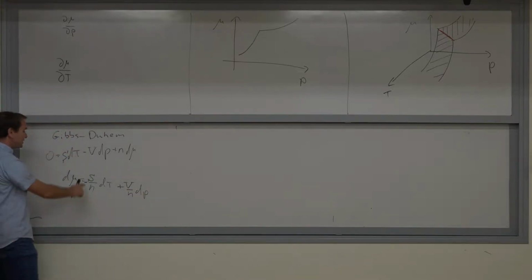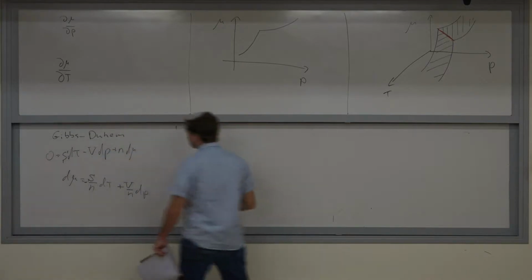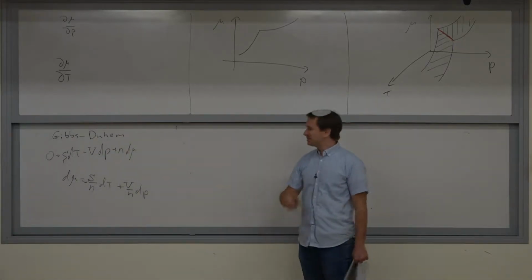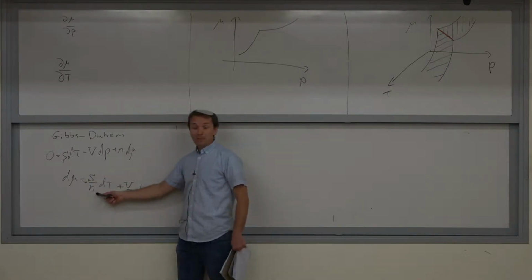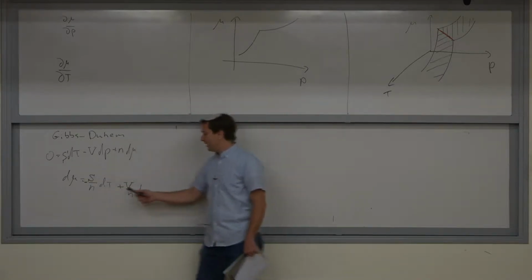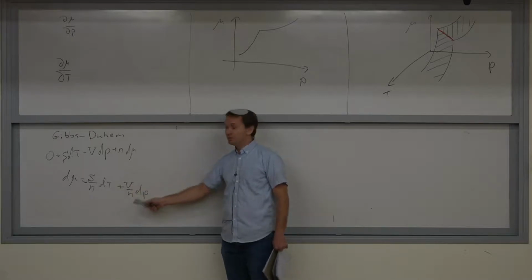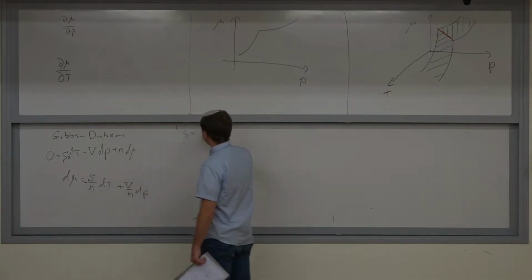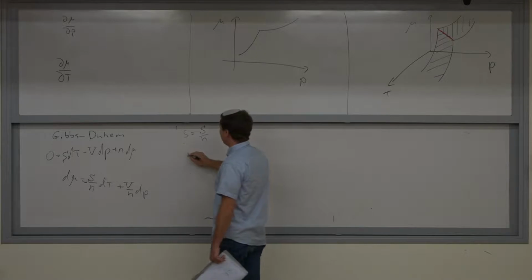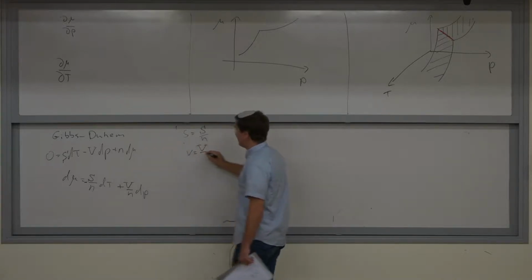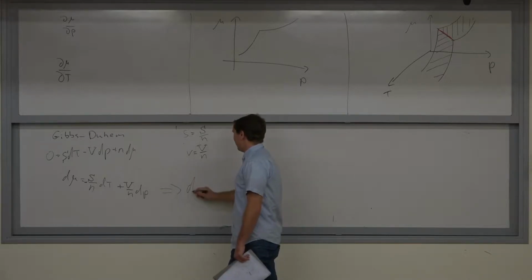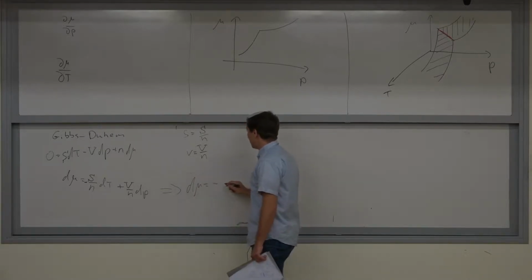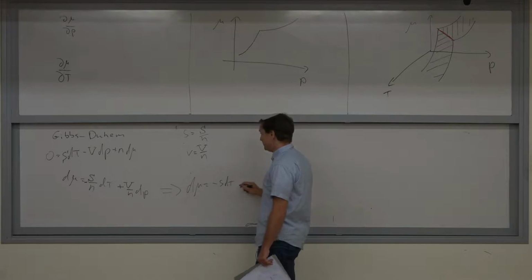Okay. So let's go into the definitions of specific entropy and specific volume, which are basically entropy per particle and volume per particle. So we have small s, which is big S divided by N, and small v, which is big V divided by N. And what we see is that d mu equals minus s dT plus v dP.